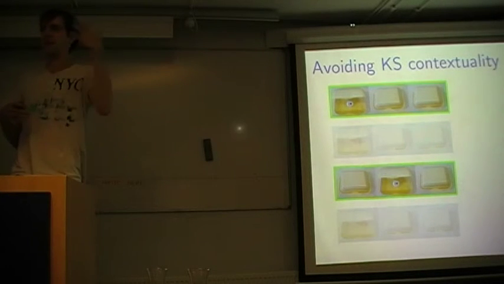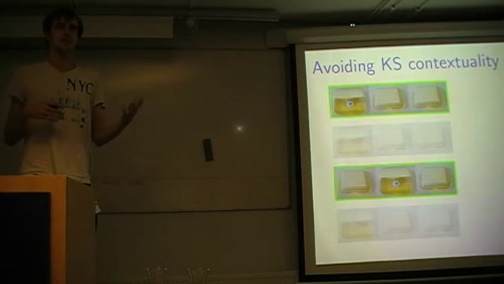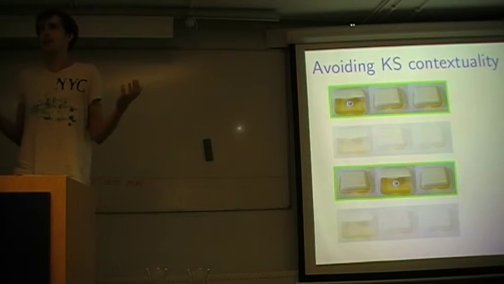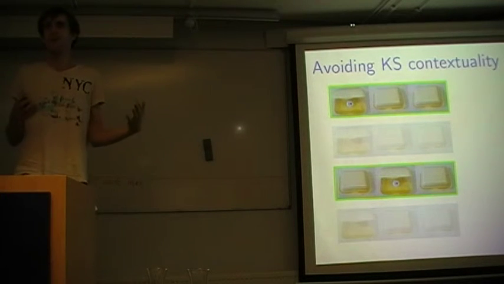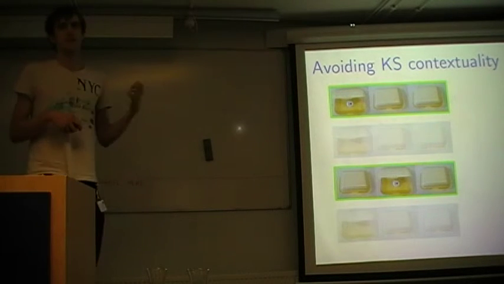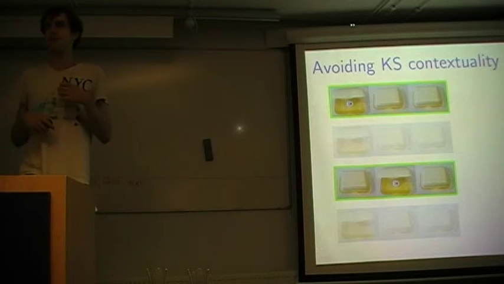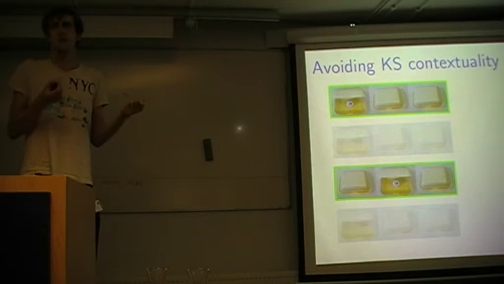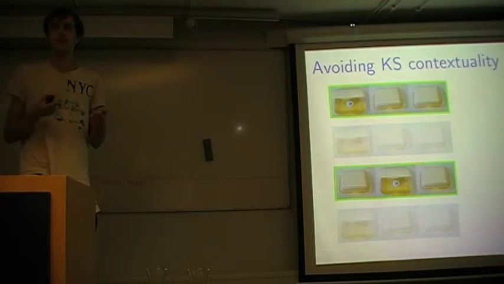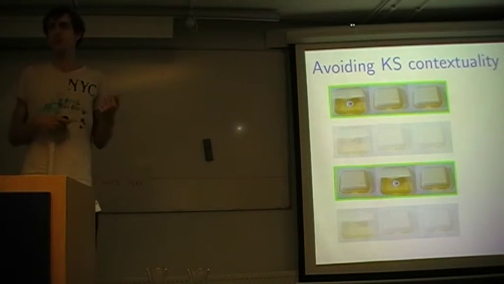It tells you you have to get this deterministic outcome, and it has to be context independent. But it really says nothing about what happens to the state after the measurement. So as far as the Kochen-Specker definition is concerned, this is a perfectly legitimate non-contextual model of the experiment. The only requirement that Kochen-Specker non-contextuality puts on me is that I can't just put a ball in more than one box.